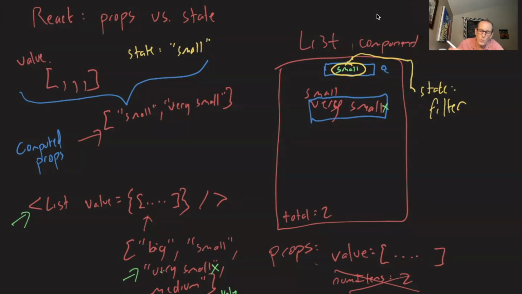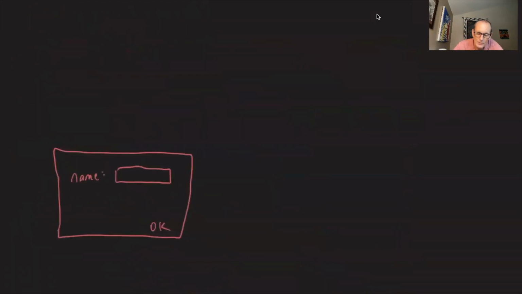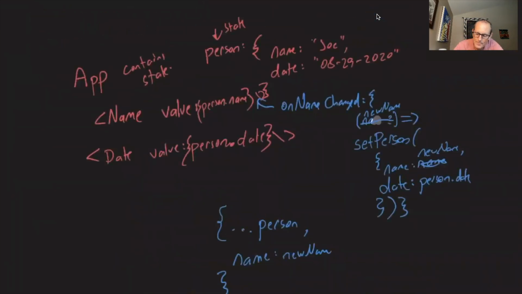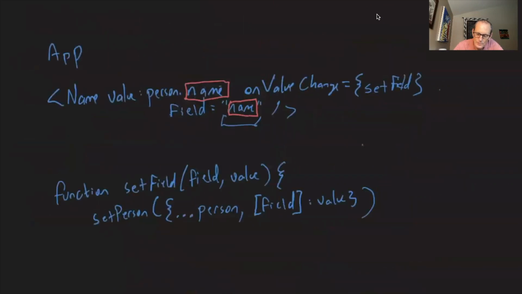Let me just show you one more way we could have dealt with the name. Yet another approach would have been, let's say we've got the setField created, and we go back to the old approach. Let's just write it in a different way.